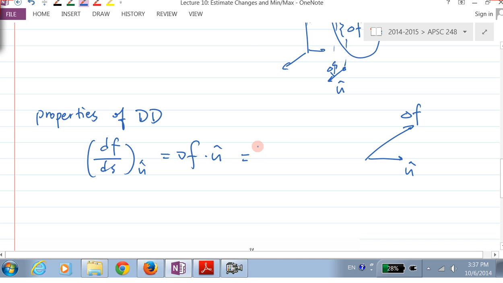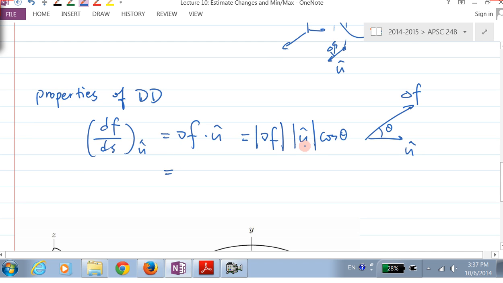According to the dot product property, what we do is calculate the magnitude of del f, calculate the unit vector magnitude, then times what? Cosine theta, right? That's the definition of a dot product, basically.